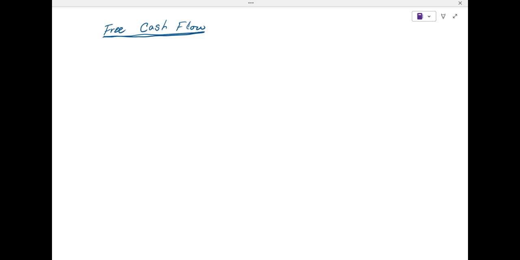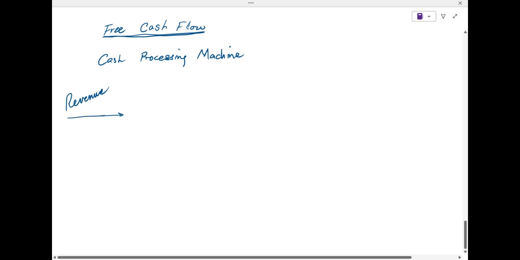So now let's imagine the company is a cash processing machine. It will generate revenue, and the revenue will bring in cash. It will generate cash.